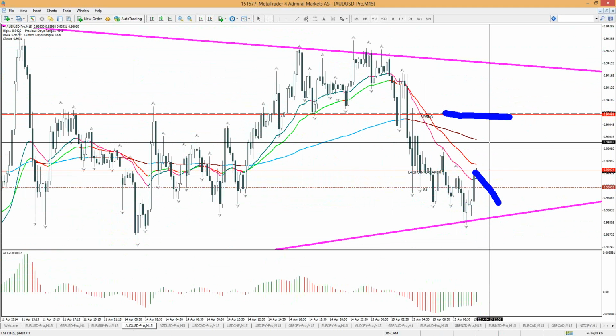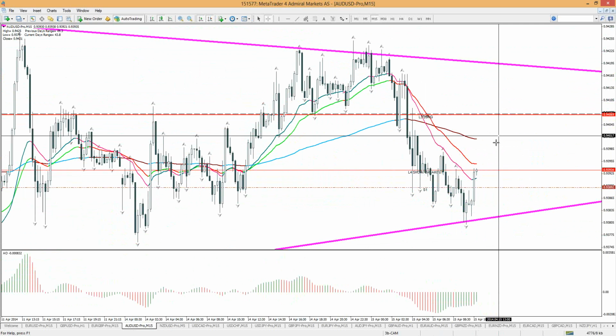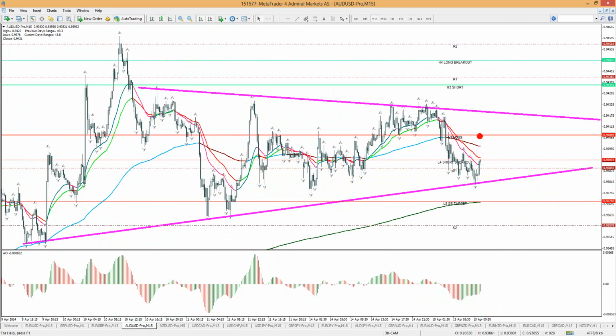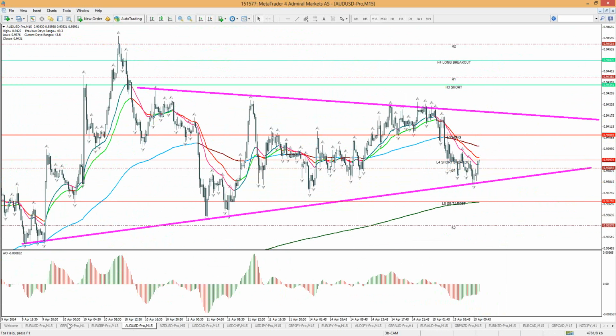Still looking for a hook back for that potential space here. Just like the Kiwi, here too, look for that bounce and rejection, because of the 4 hour divergence. Of course, things change if we break above resistance. That could be a potential breakout with the trend.